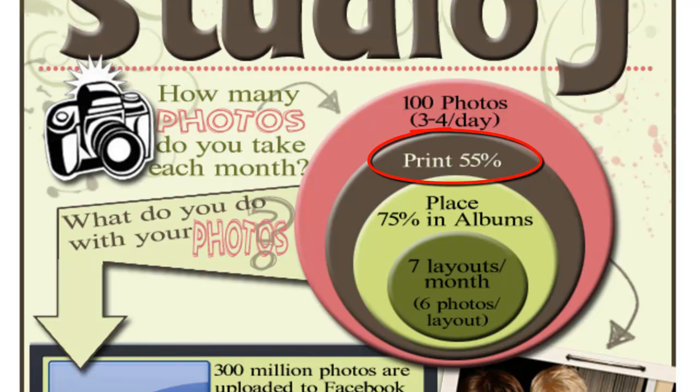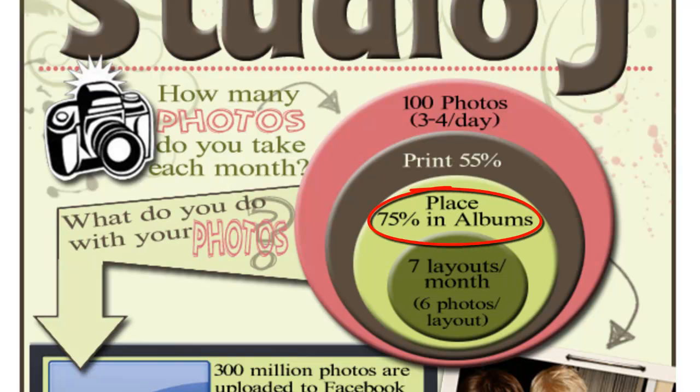So regardless of what you do, you've got to get those photos off of your camera, get them off of your phone, and get them archived, not only digitally, but in albums. And Studio J makes it so easy to do this.